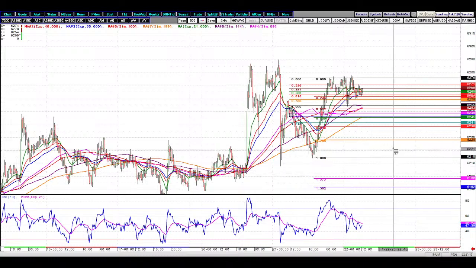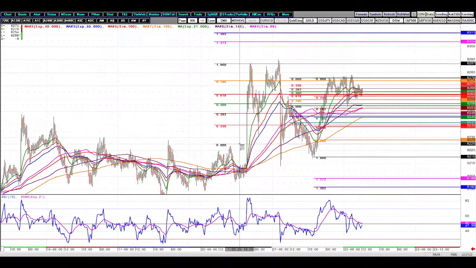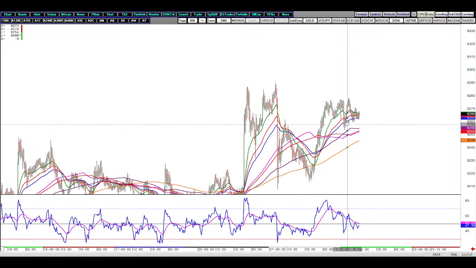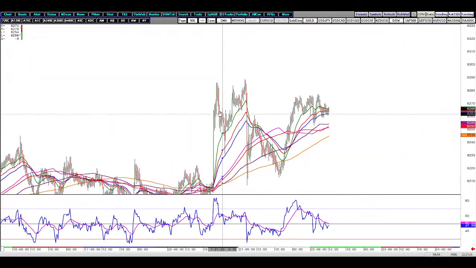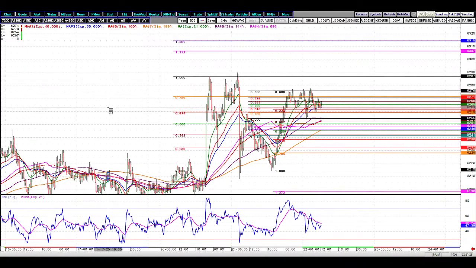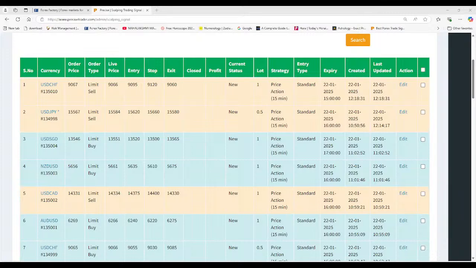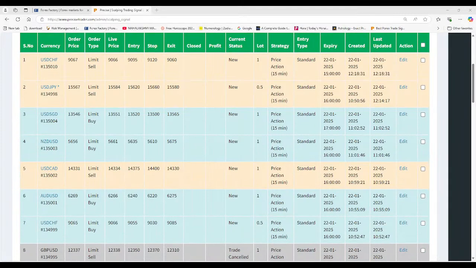Then 62.30 should be your next buying level, and if it breaks, then we should see the price heading towards 63.10. So I think the chart and the system are giving us the same answer. So what we should be doing is going for a buy at 40. We have given at 40. I think this is a valid call, 40.